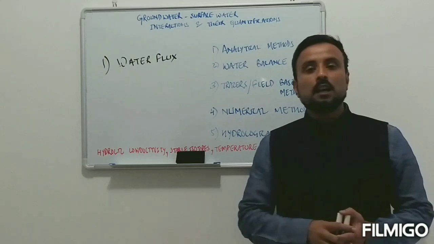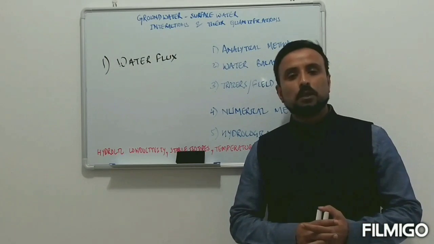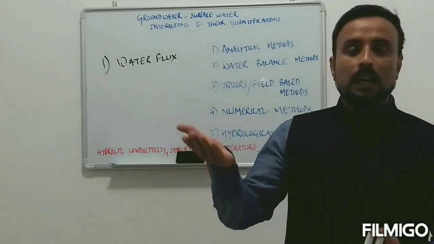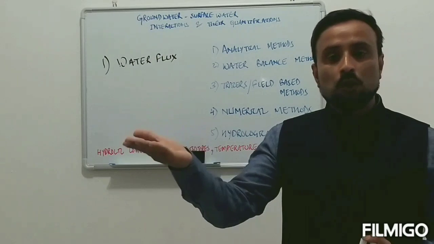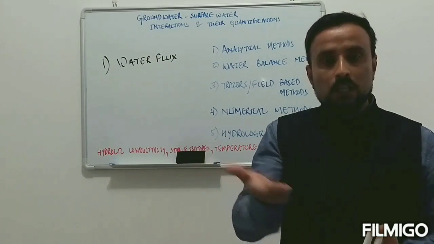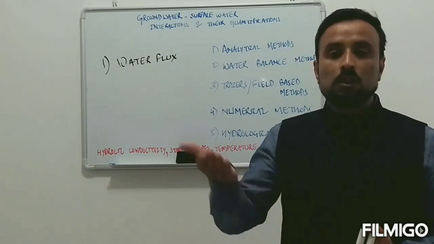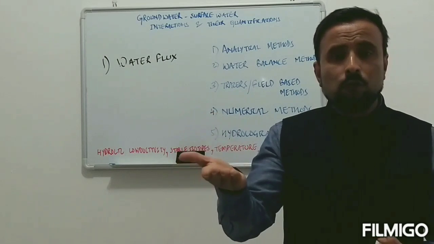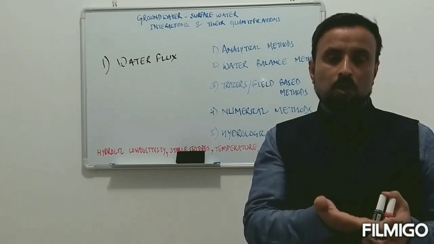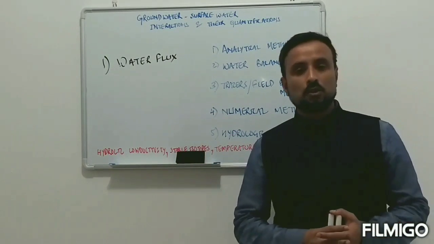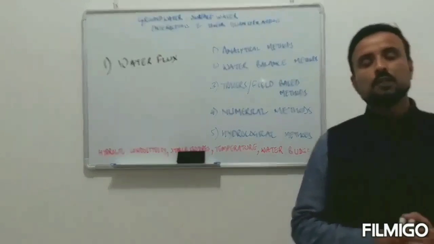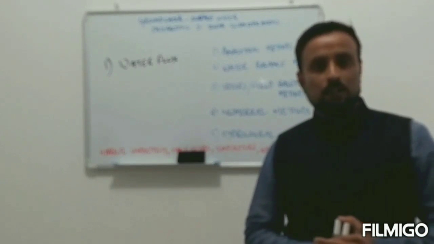In a particular area, if you want to know at which places groundwater and surface water are supporting each other, this will tell you the amount of water being supported from ground to surface or from surface to the ground. This is the significance of groundwater surface water interactions.